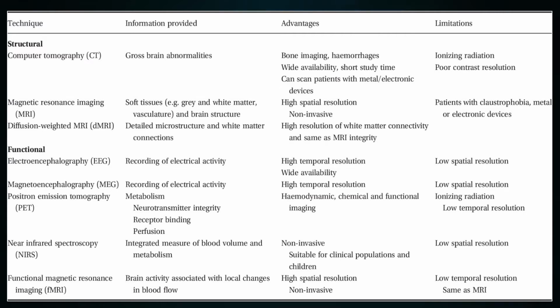Now, if we were to compare the use and effects and side effects between TMS and ECT or electroconvulsive therapy, this has been one of the biggest issues at the center of both neuroscience and psychiatry.